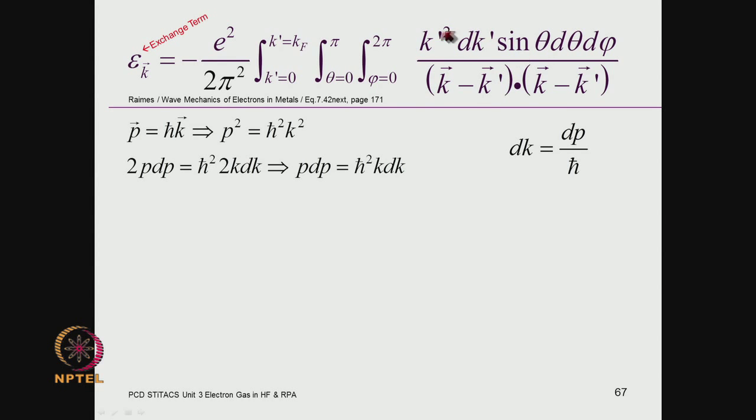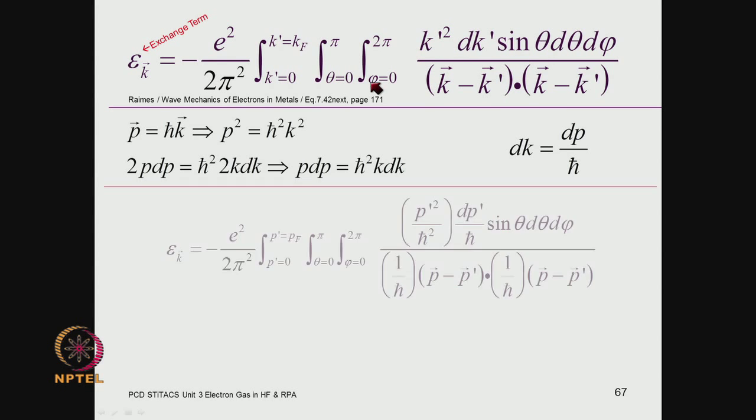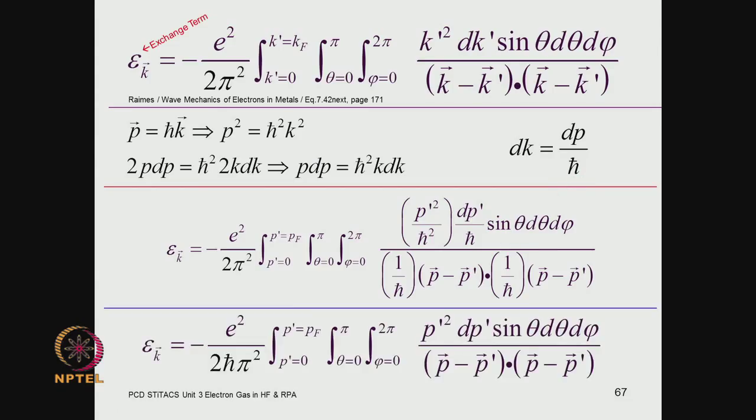So you make corresponding changes over here and write this integration over the momentum from 0 to the momentum at the Fermi level, and then of course the rest of the variables are appropriately adjusted, scaled by the factor h cross, right. So let us carry out this integration in the momentum space over the variable p.